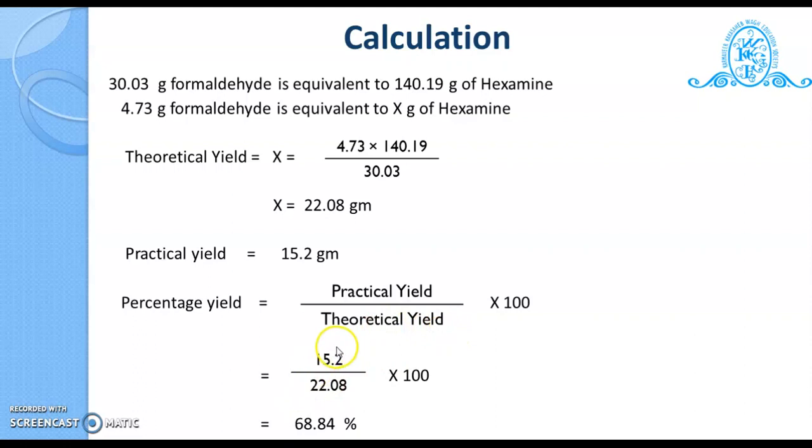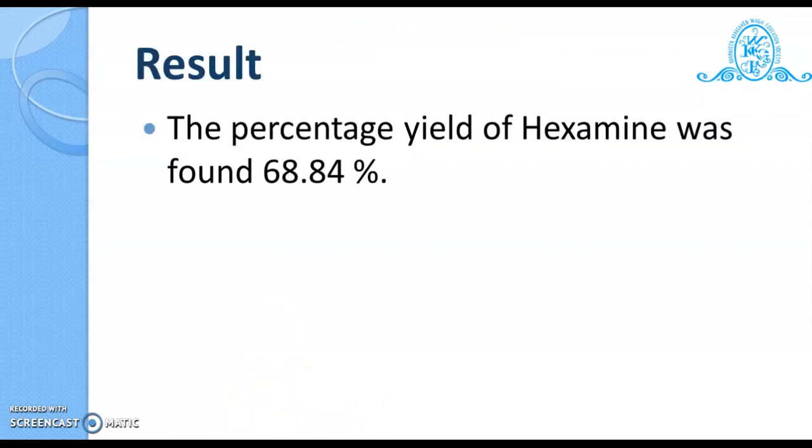Here practical yield is 15.2 divided by theoretical yield 22.08 into 100. We obtained here the percentage yield, that is 68.84%. So after the calculation, our result is the percentage yield of hexamine was found to be 68.84%.